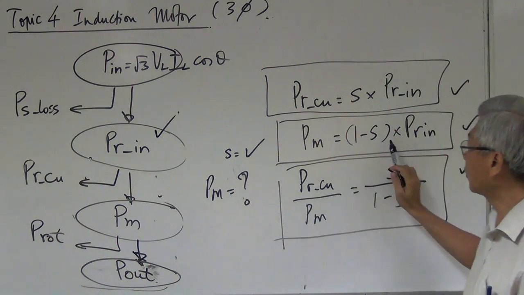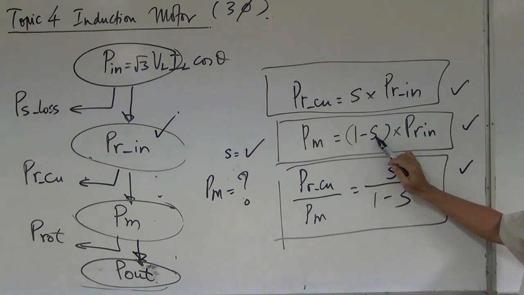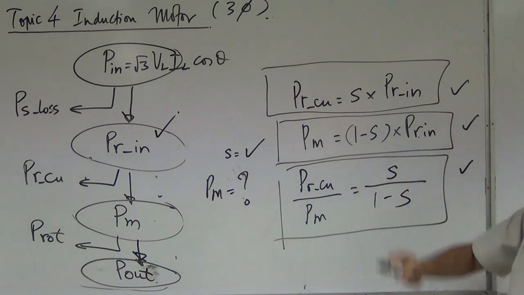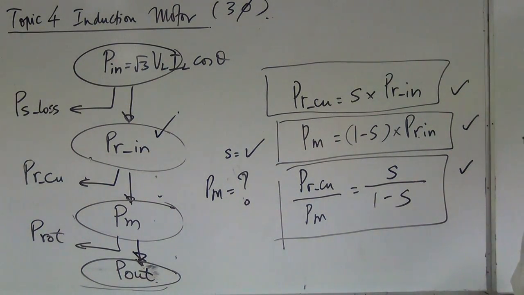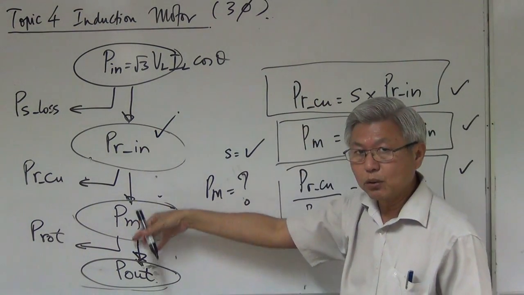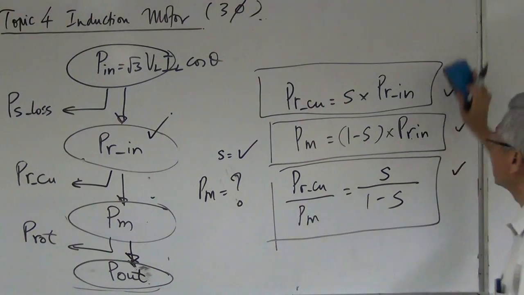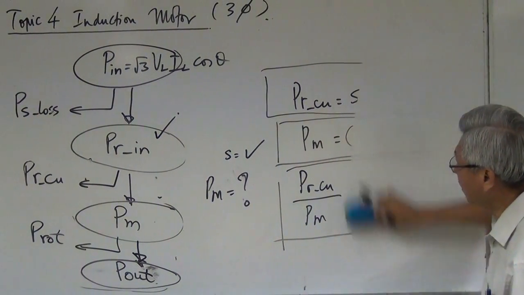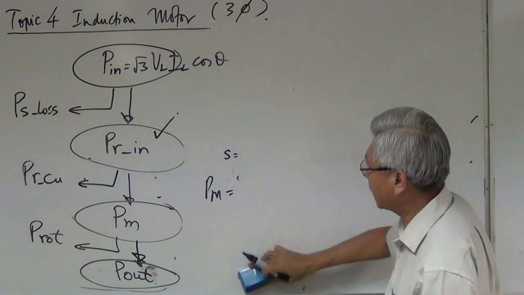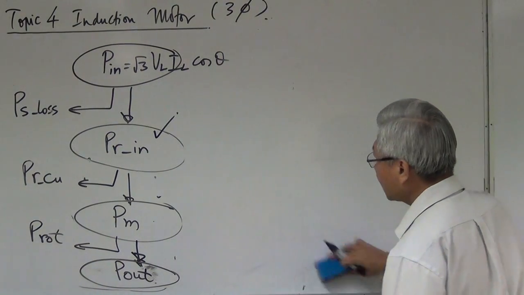Then no choice but to come to the formula, because you know slip and you know rotor input, then you can find gross mechanical power. When the normal way of the power flow chart doesn't work, that's the time you turn to the formula. So that is called power flow diagram, efficiency and the type of losses.